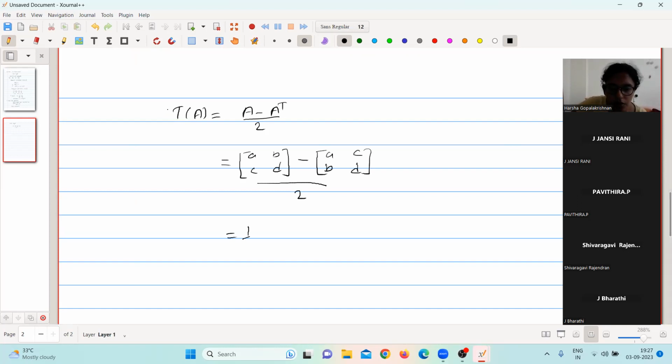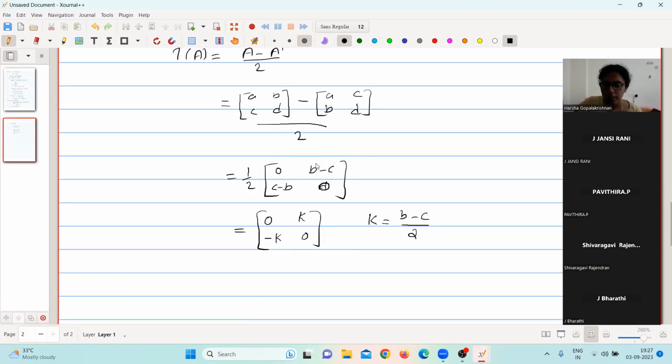So this is equal to half into [A minus A, which is 0, gone; B minus C; C minus B; and D minus D equal to 0]. We can write it as [0, K; minus K, 0], where K equal to (B minus C) by 2.